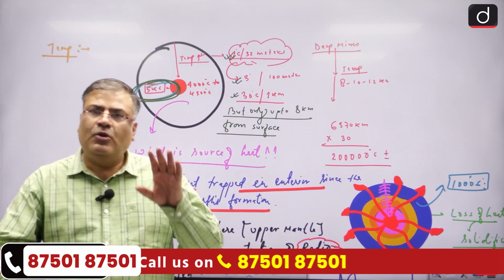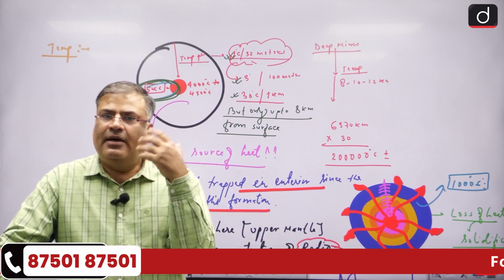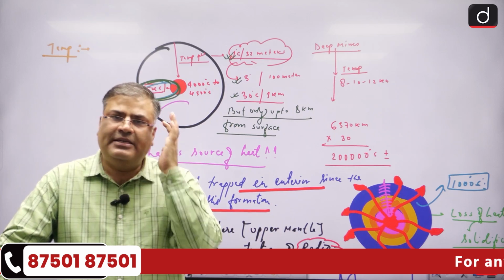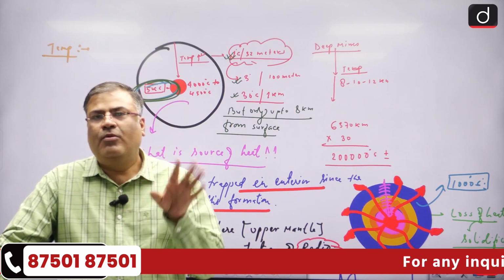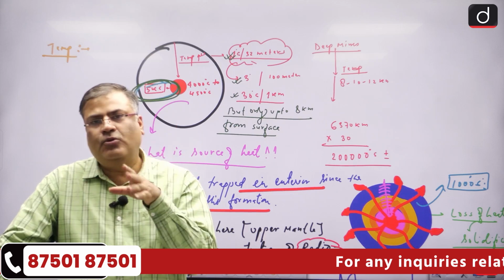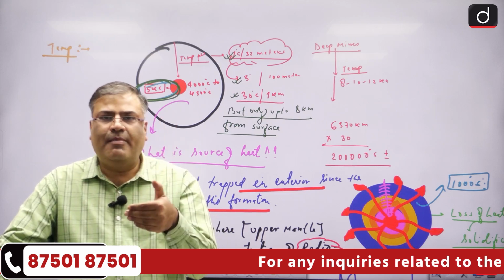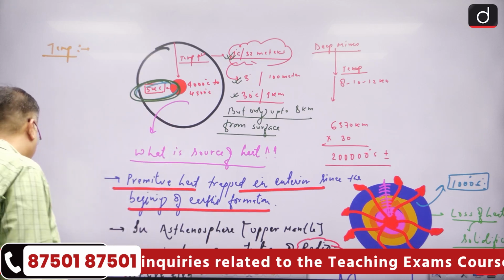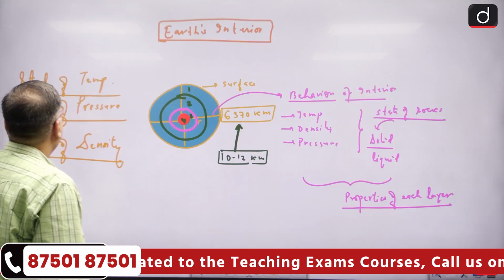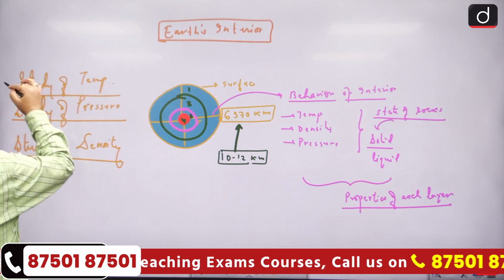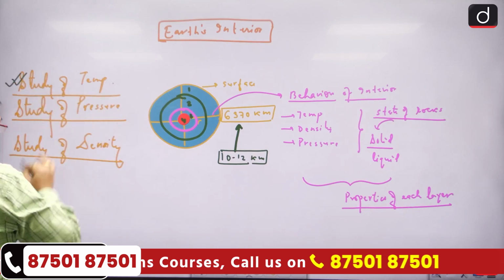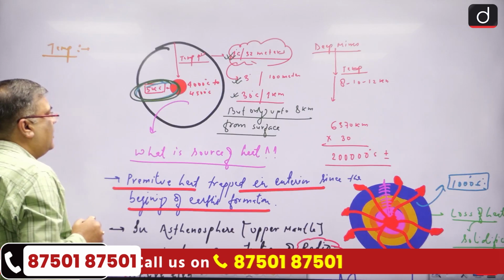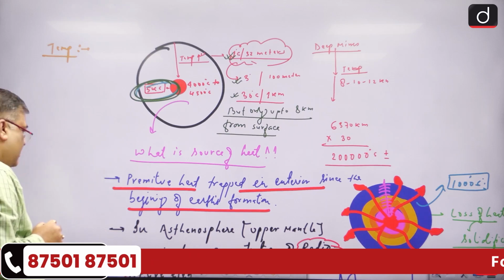So they will give you options like this, asking why the heat in the interior is high, what is the temperature. So the options will be coming this way. You can easily answer them. Now, as we had discussed, this part is done. Now come to the pressure part. Now what does pressure say? What is pressure?